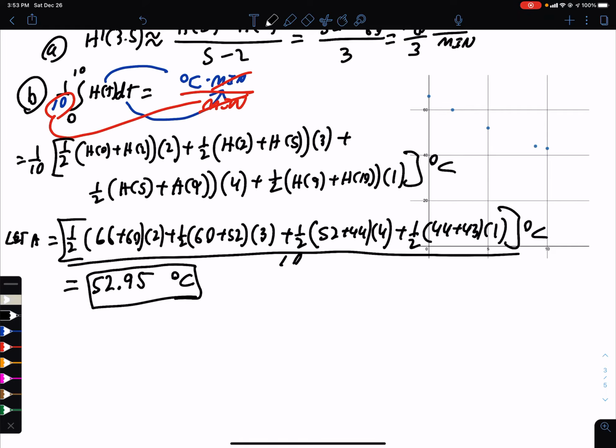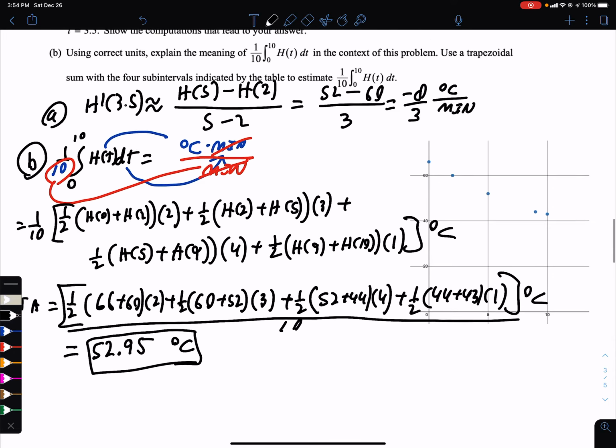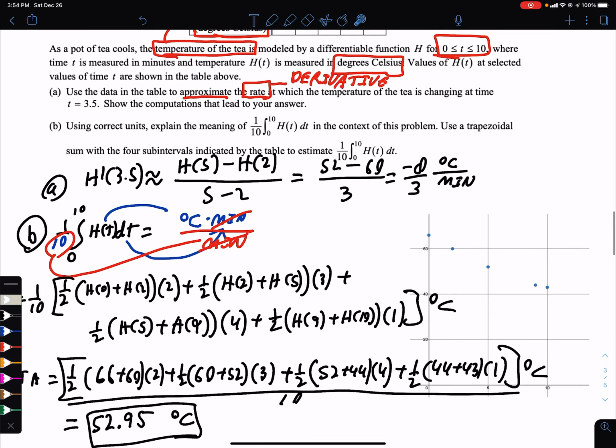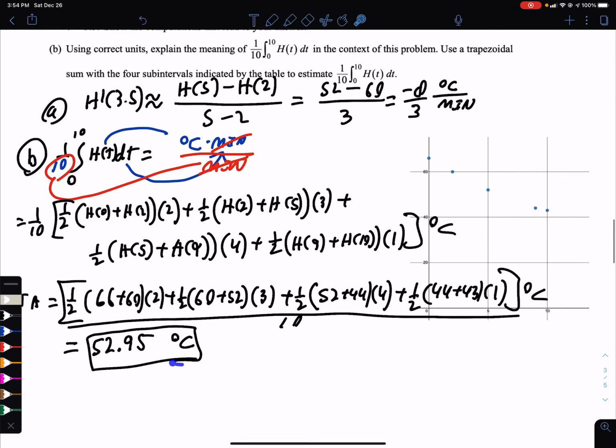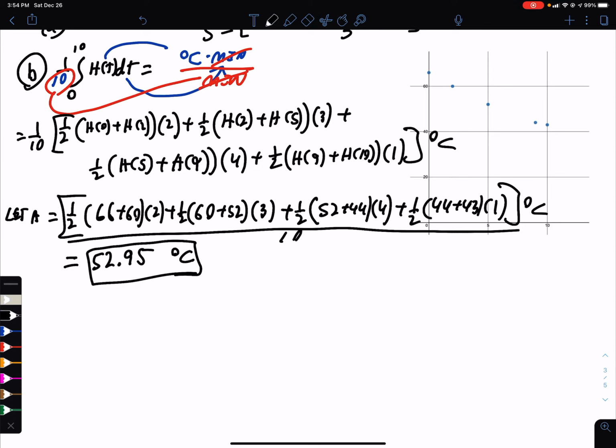Now they asked for us to interpret this in the context of the problem. So this is the average value of H. What's H? The temperature of the tea. So you'd have to say the average temperature of the tea in degrees Celsius was 52.95 from time t equals 0 to 10 minutes, or over the first 10 minutes, however you want to say that.